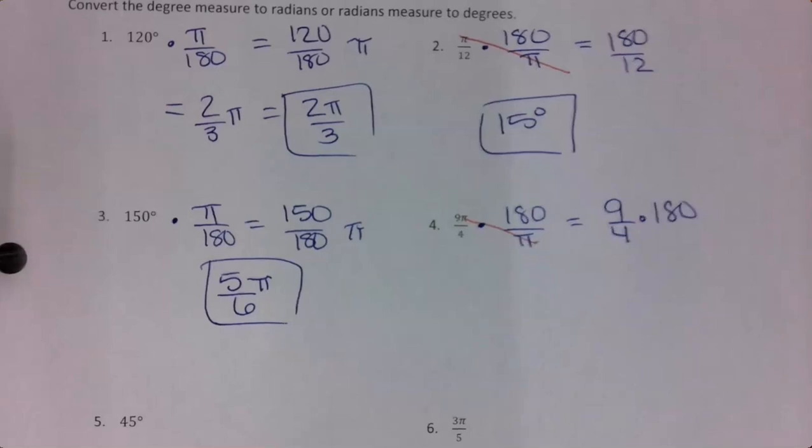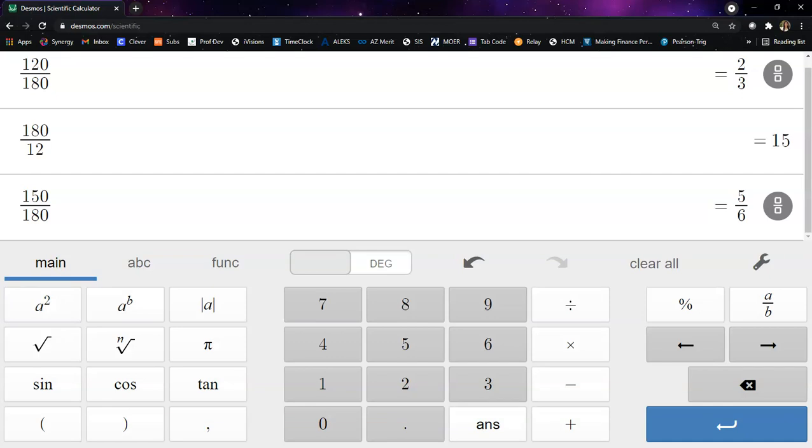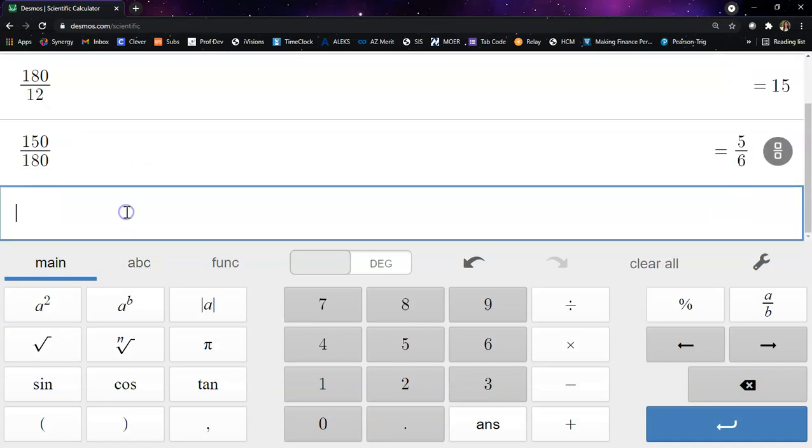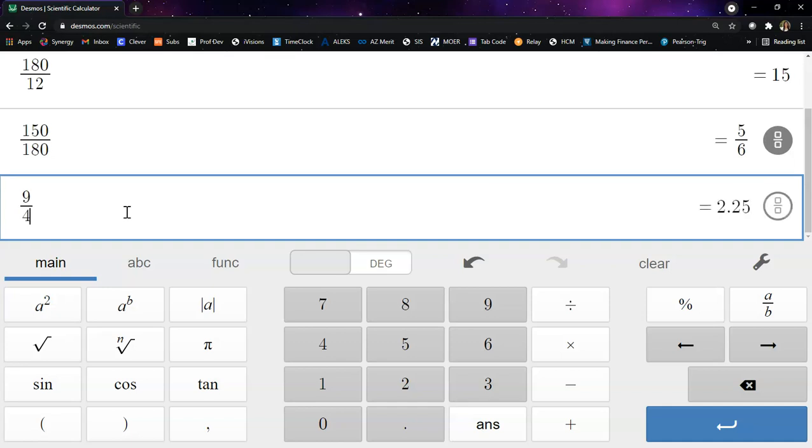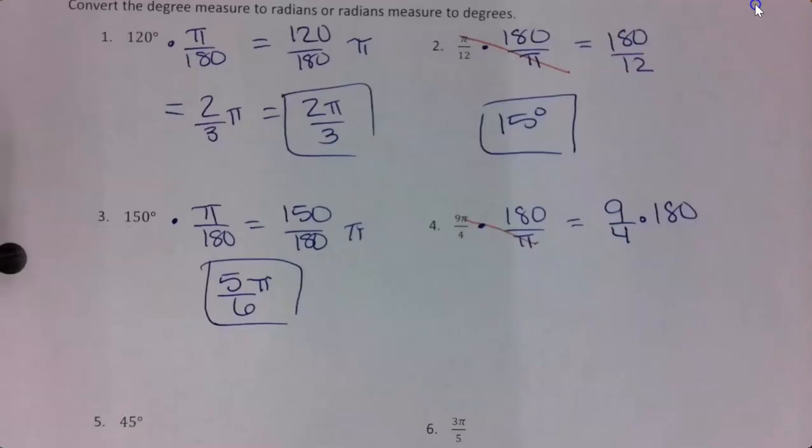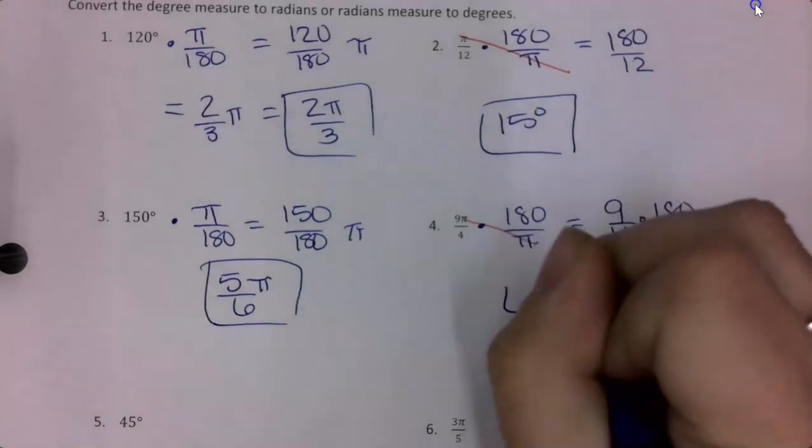So then I can go to Desmos and type that in, which gets me 405. So my answer is going to be 405 degrees.